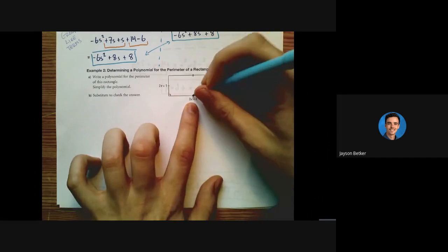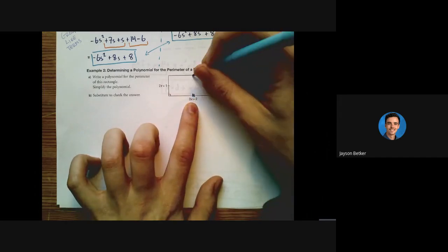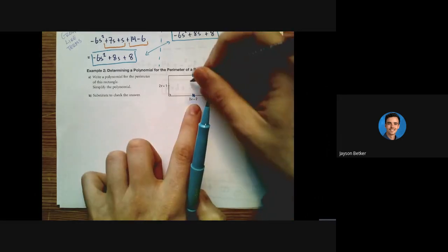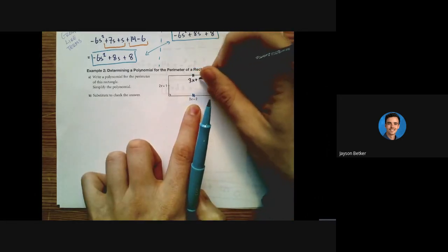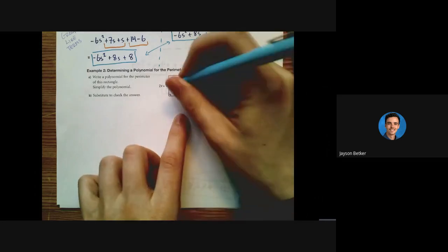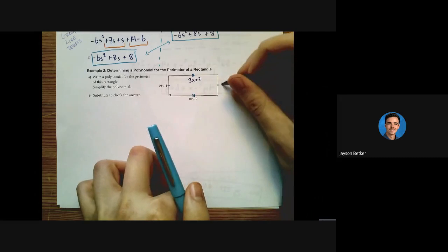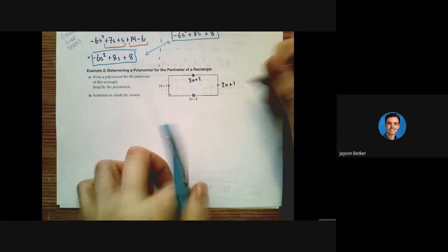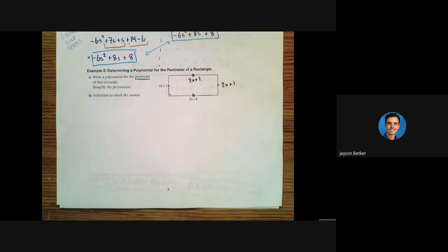So what it means to have these two lines here on both sides of this rectangle is that they're the same length. So if this is 3x plus 2, this is also going to be 3x plus 2. And then just having this one line here on both of these means that they are both 2x plus 1. So if I want to find the perimeter, it's just adding up all of the sides.